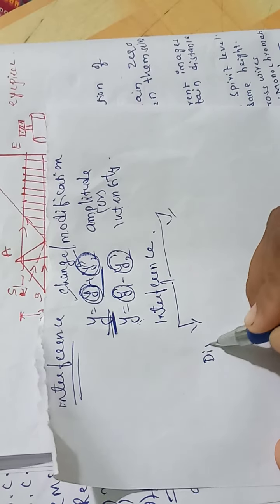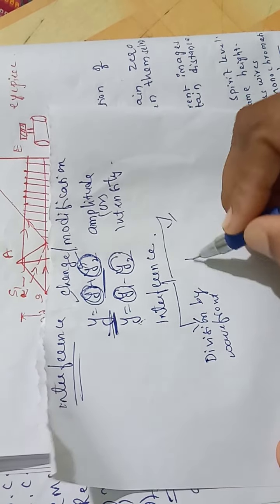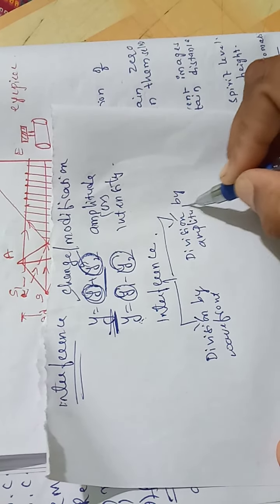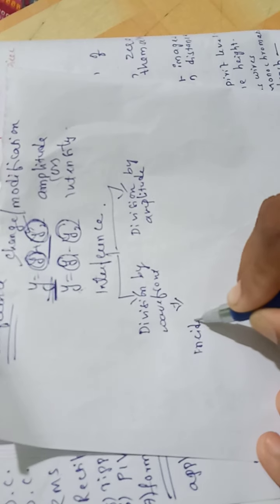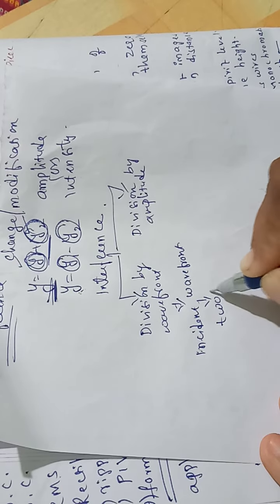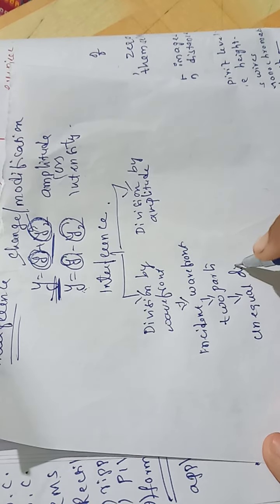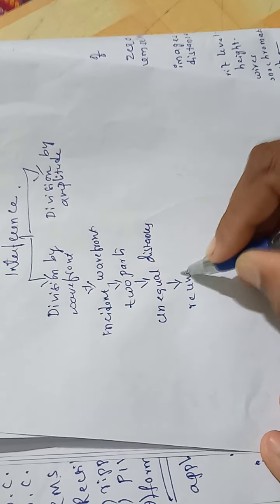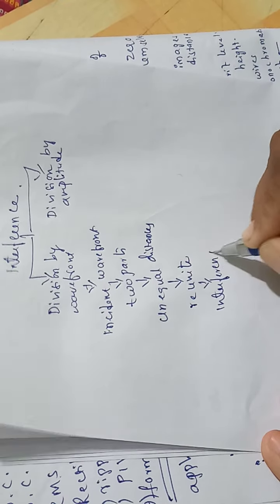One we call division of wavefront, the other we call division of amplitude. Division of wavefront means the incident wavefront divides into two parts, and these two parts travel some unequal distances, and then after some time they reunite with each other and produce an interference pattern.